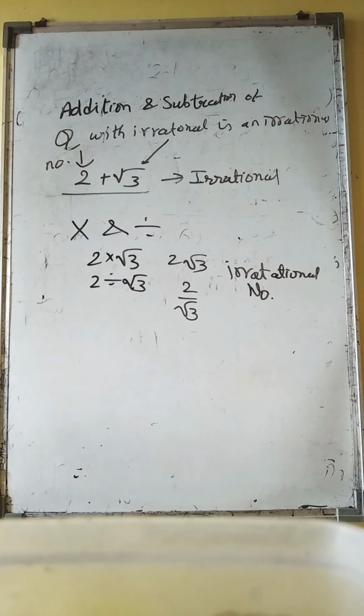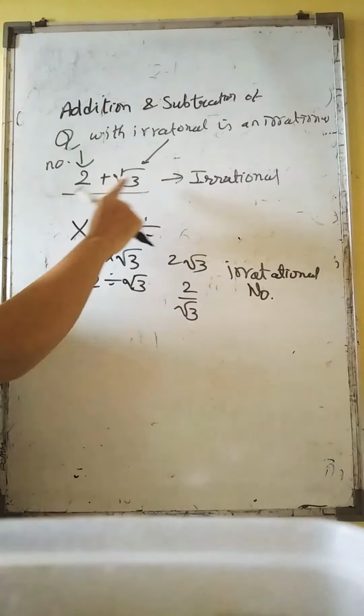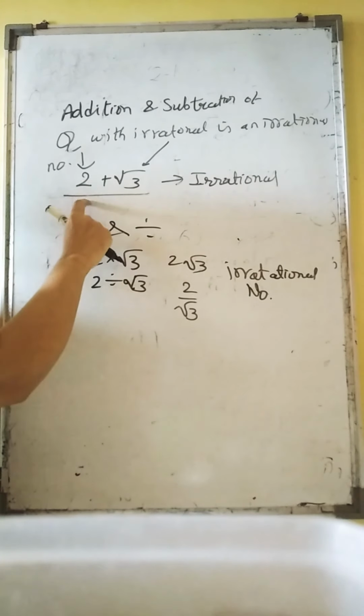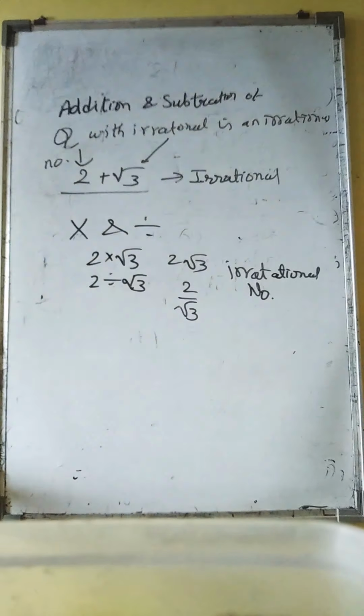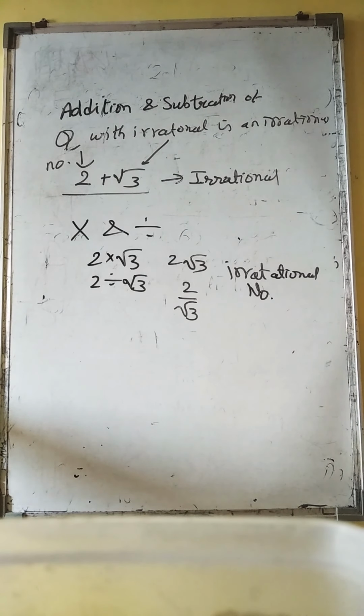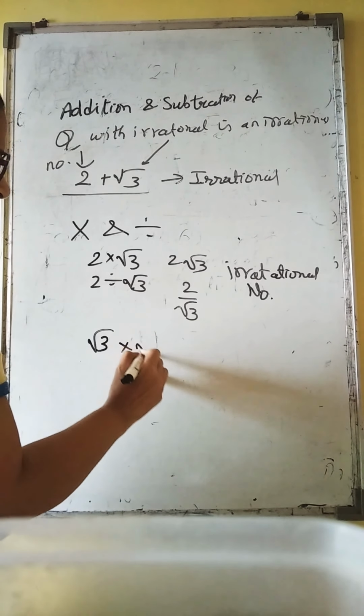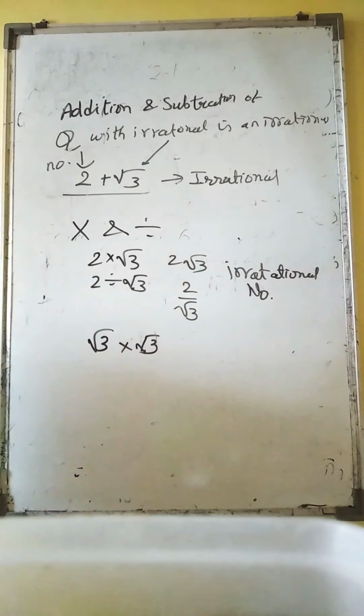Next property, addition, subtraction, multiplication and division of two irrational numbers can be either rational or irrational. Remember, if one is rational, another is irrational, then it is always irrational. But if you have two irrational numbers, what is root 3 into root 3?